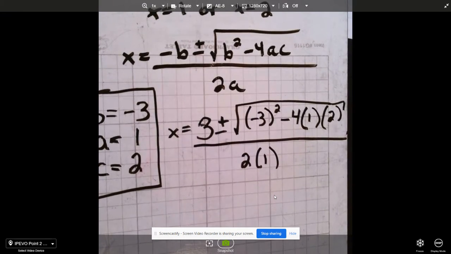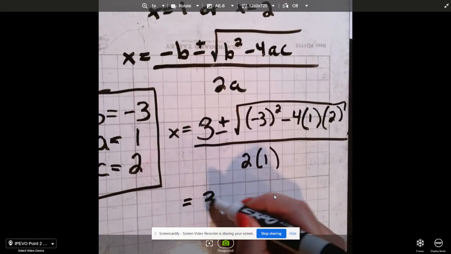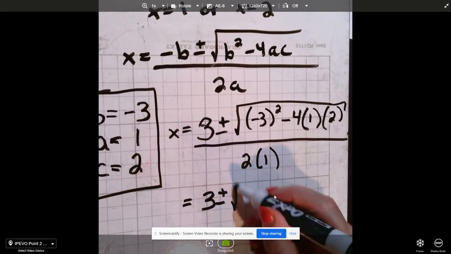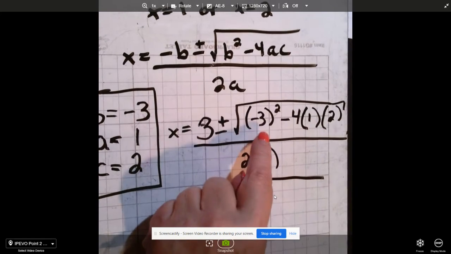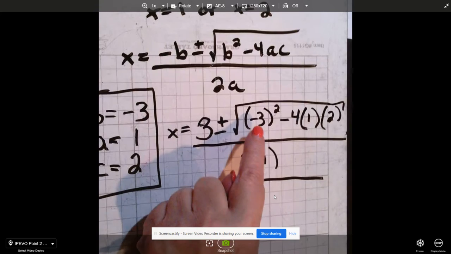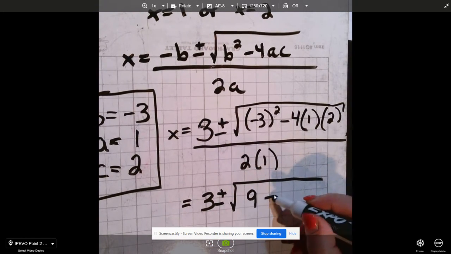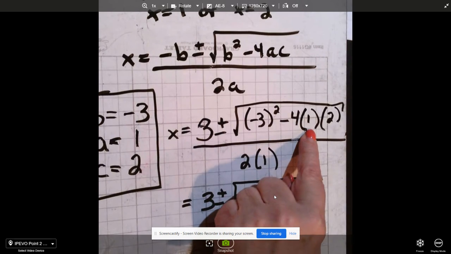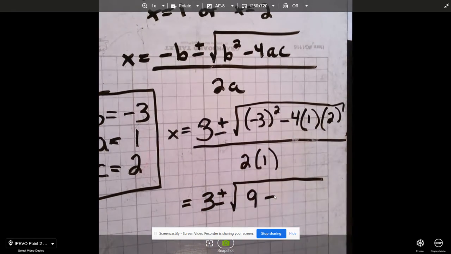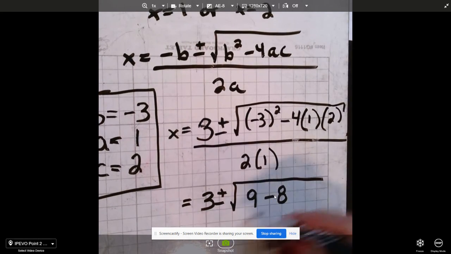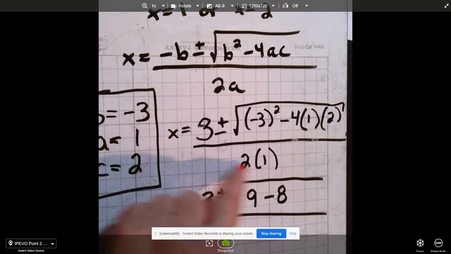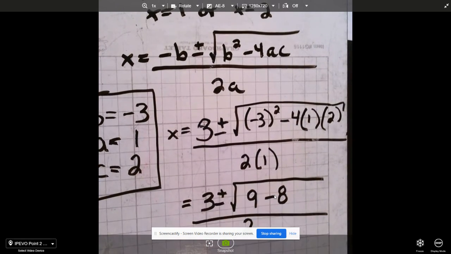Now let's go through and simplify it. 3 plus or minus the square root. Well, negative 3 squared is negative 3 times negative 3, so that'll be a positive 9, minus 4 times 1 is a 4, times 2 is an 8, so that'll be 9 minus 8, all over 2 times 1, which is 2.